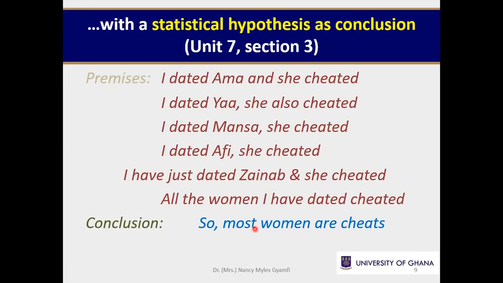Probability of truth, likelihood of it being true. This will be more likely to be true than the universal one. I hope you are following slowly. So it will be amazing that yet for the scientist, the empirical scientist, the one that is easier to be false will be appreciated and valued than the one that is easier to be true.